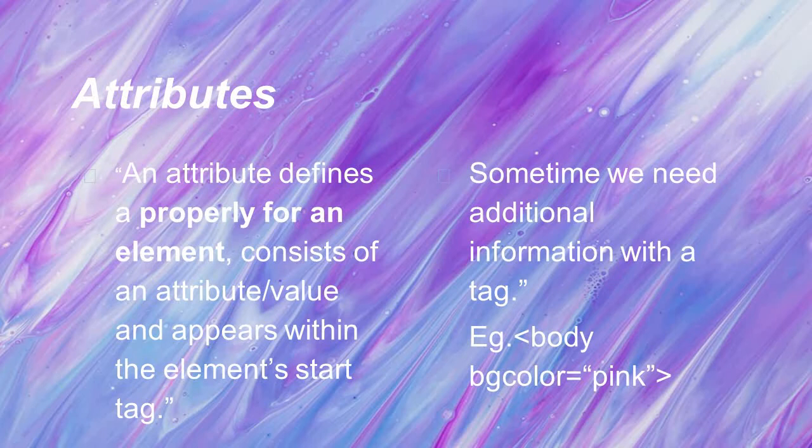Okay, in the same way, when we have tags, we just need additional information. For example, body tag. You know it very well. Everything which appears on the web browser, on display, is under the body tag in HTML.